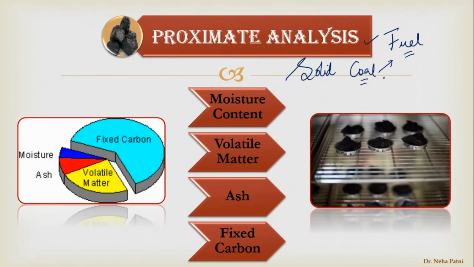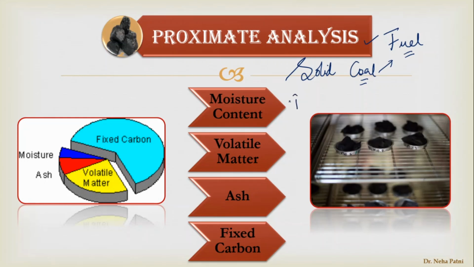We need the calorific value, the total amount of heat released, to be high, and for that there are certain quality checks we need to do before using a particular sample as a fuel. The first step is proximate analysis. This gives you a general idea about the sample, whether you can use it as a fuel or not.